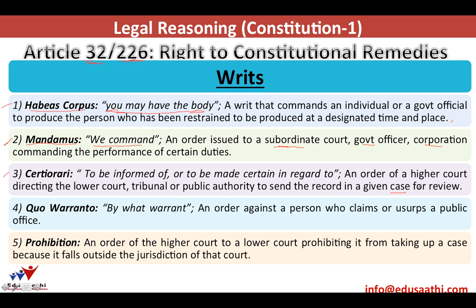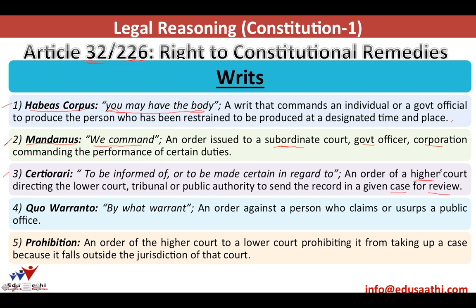Whenever there are cases which you feel the lower court has decided in a wrong way, that they have not taken the evidence very well, the aggrieved party approaches the higher authorities for review. So in case of certiorari, the order is made by the higher court to the lower court to send the records related to the case under review to the higher court.